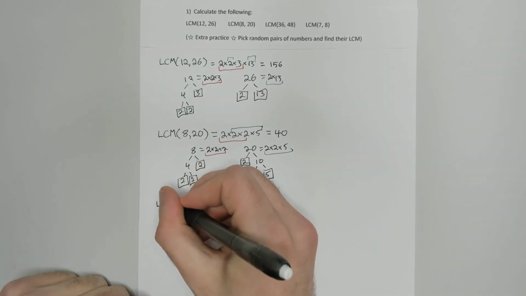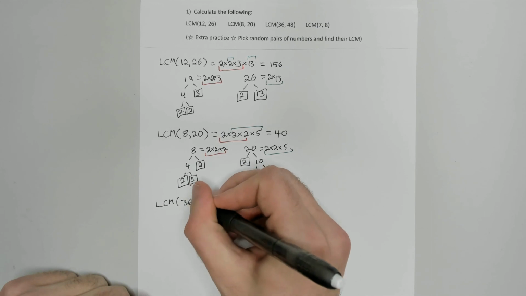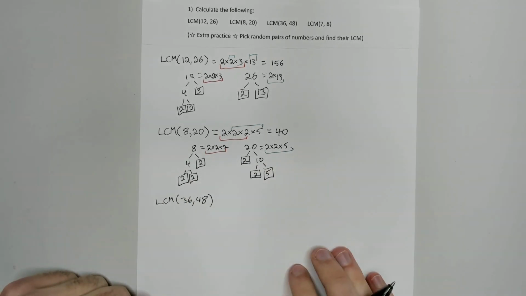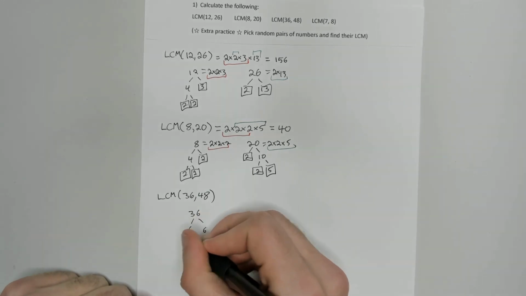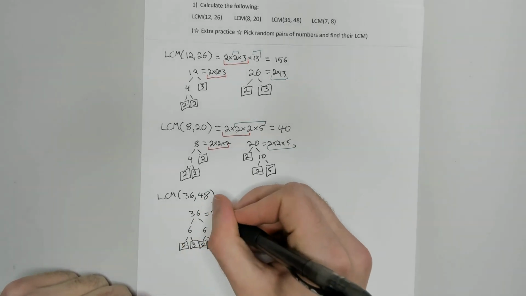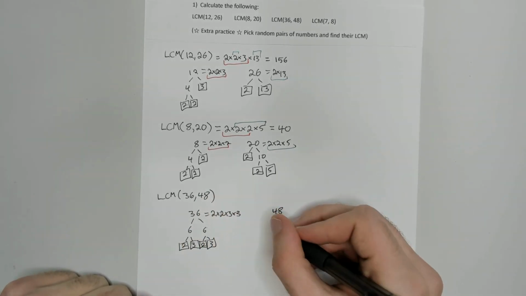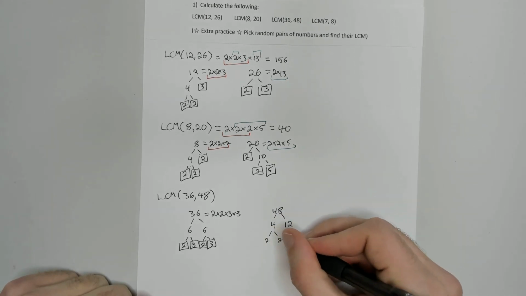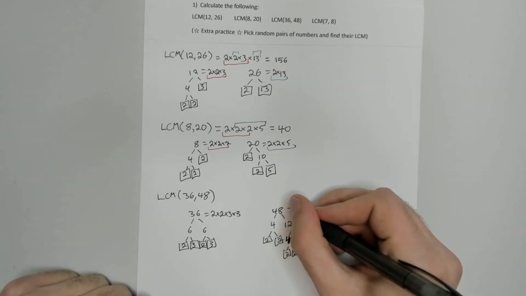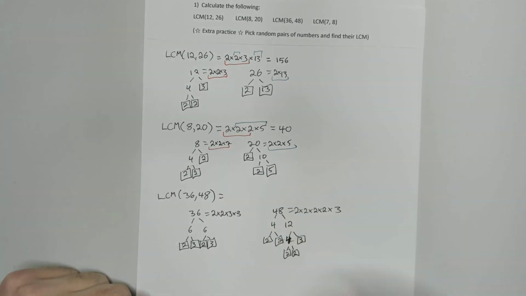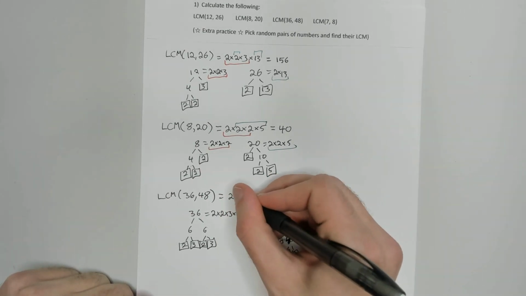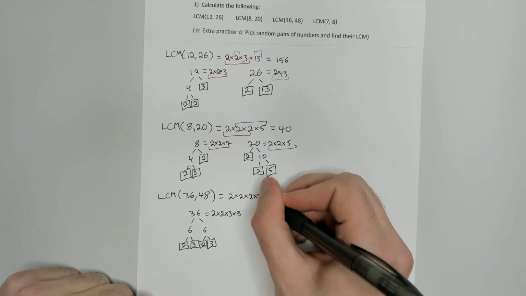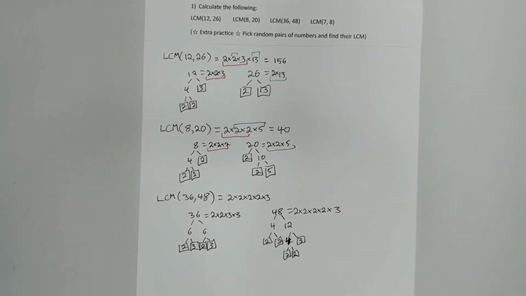All right, next on, we got 36 and 48. So, you know the drill, let's prime factorize these bad boys. All right, so if we write out 48's prime factorization, we're going to get 2 times 2 times 2 times 2 times 3, so that covers our 48.